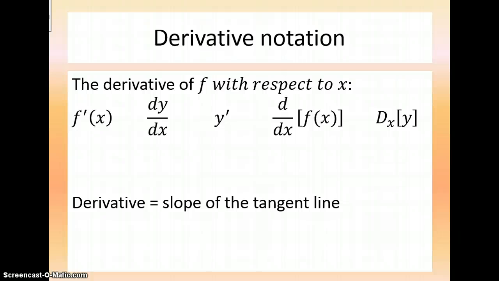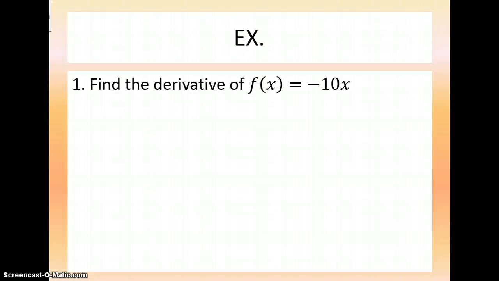Okay, I think it skipped a slide. Let me go back. Okay. Find the derivative of f of x equals negative 10x. So the derivative, f prime of x, is the limit as delta x approaches 0.